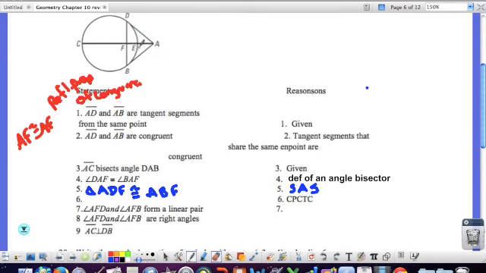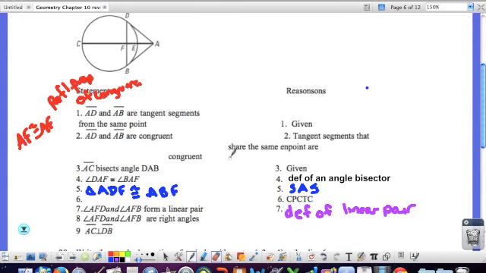First, they talk about angle AFD and AFB forming a linear pair. And really, I can just see that. So whenever I can see something, I would say definition of a linear pair.